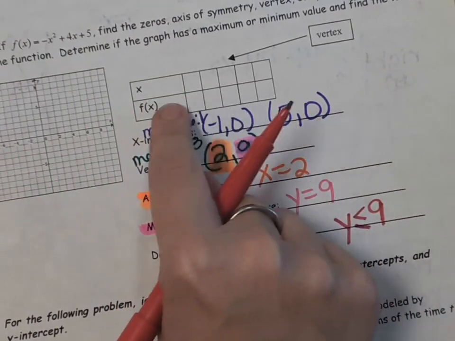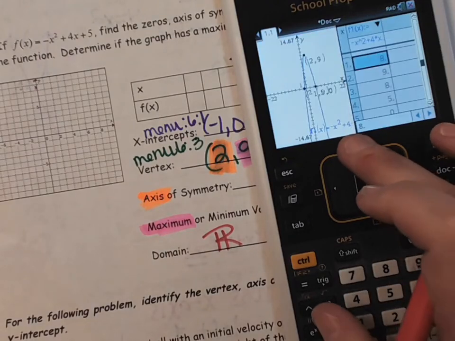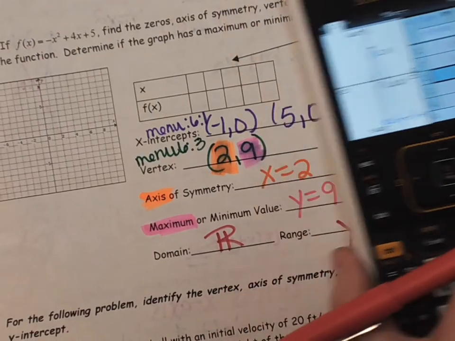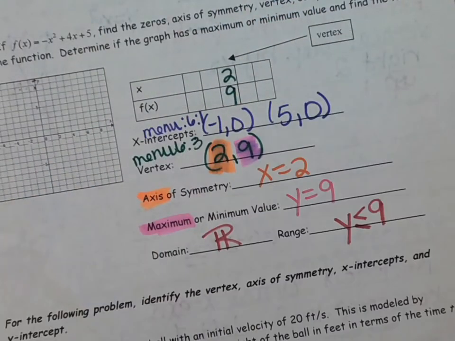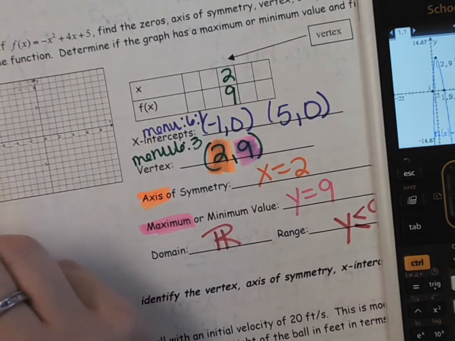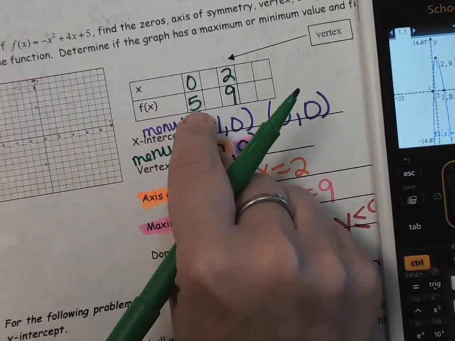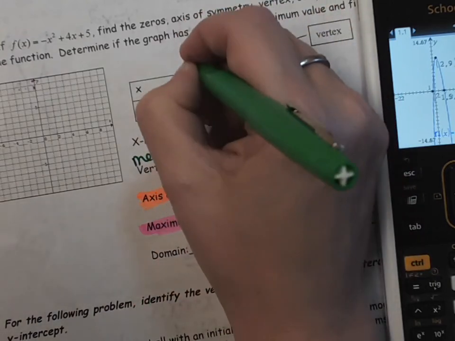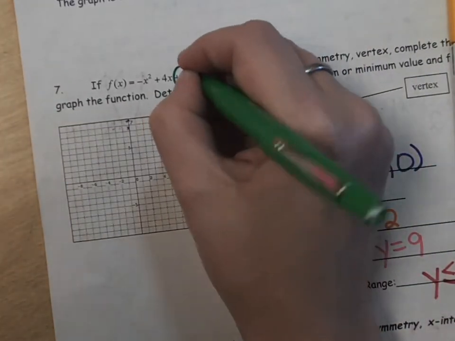Now the last thing to do is fill in the table. To fill in the table, you do Control-T, and you match the numbers. It tells you to put the vertex in. Vertex is 2, 9, right here. You're going to go up, 0, 5. That is the y-intercept, if you wanted to know, because the y-intercept is always the same as the c value.